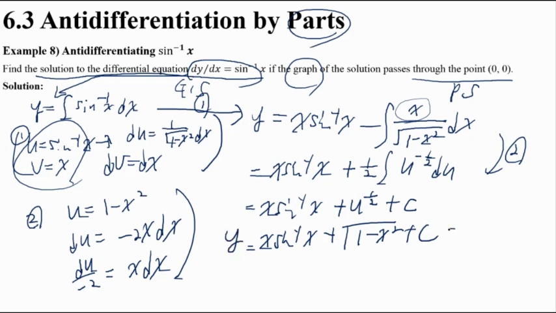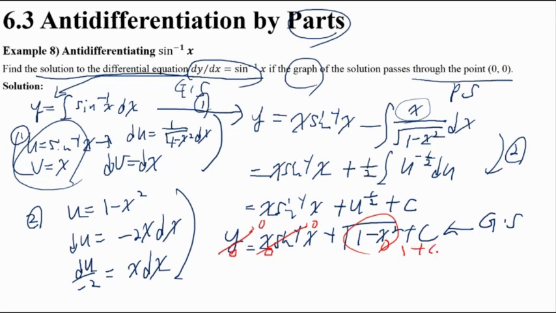So this one is called what? The general solution. So we try to find the particular solution with the initial condition, right? Just plug in 0, 0, so x is 0, y is 0. So this is going to be 0, this is going to be 0, this is going to be 1.